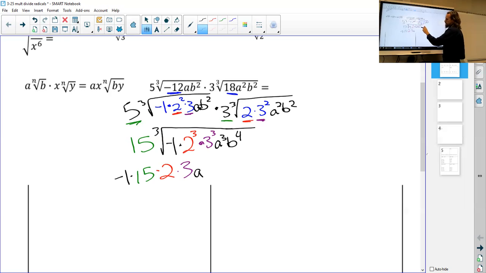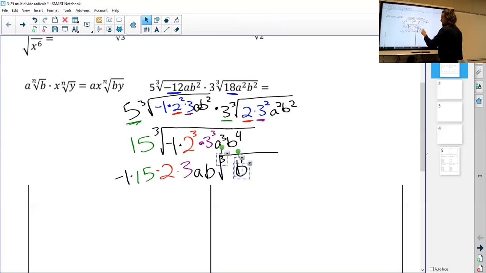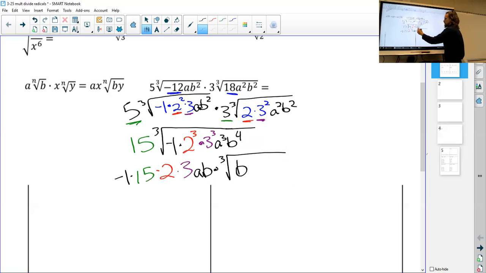The cube root of B to the fourth, we know we're going to have B on the outside, but actually, and this is the only thing that's left over under our cube root, we have this 1 left over B. Okay, and probably, let's see if we can space this out. Oh no. Sometimes it kind of looks like B to the third, when really that's the cube root of B.